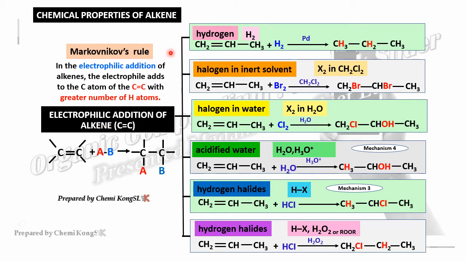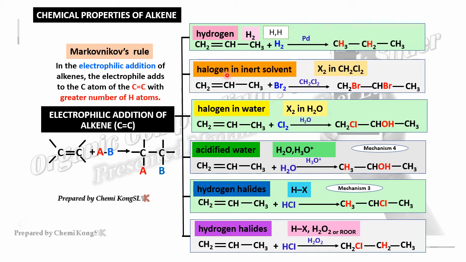Check, there are 1, 2, 3, 4, 5, 6 types of electrophilic addition of alkene that you are going to learn now. The first one is hydrogenation, meaning alkene reacts with hydrogen with the help of a catalyst, can be Pt, Pd, nickel, and so on. So 2 hydrogen atoms will be added. Here hydrogen is added to the C double bond C. So we need not apply the Markovnikov rules because it's the same.